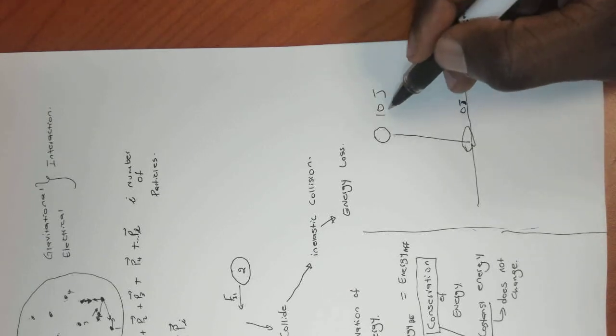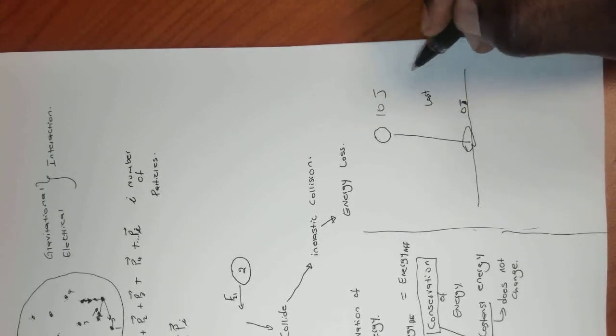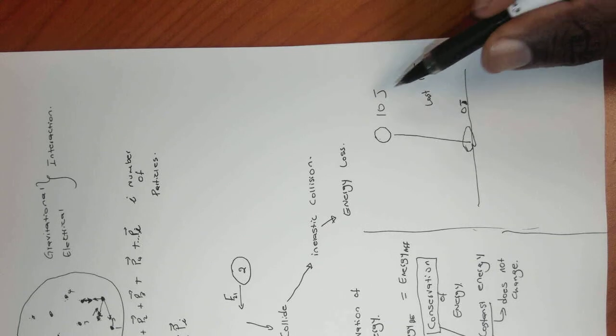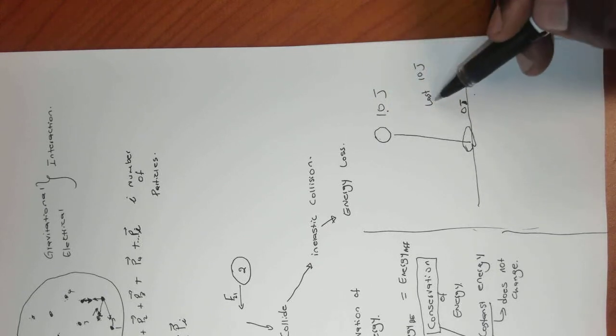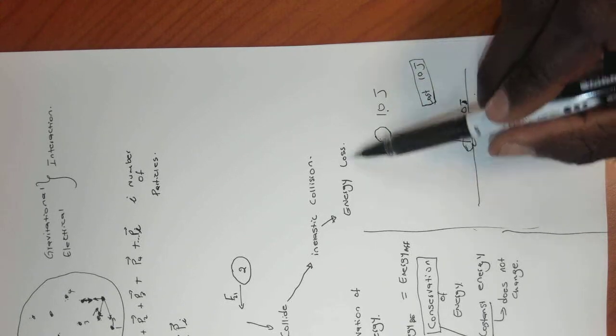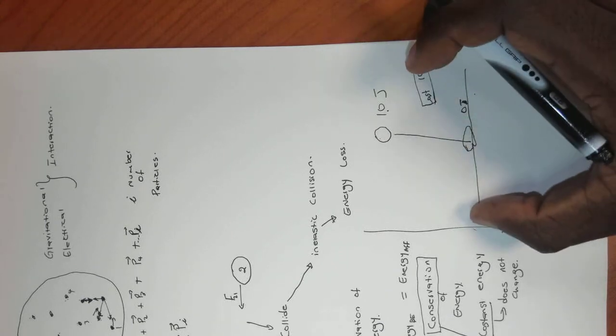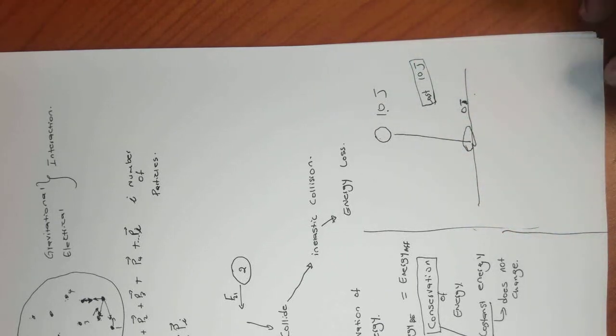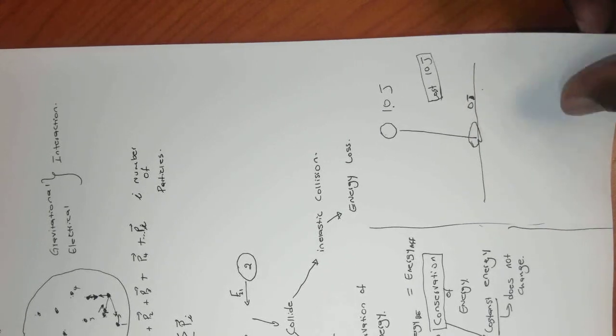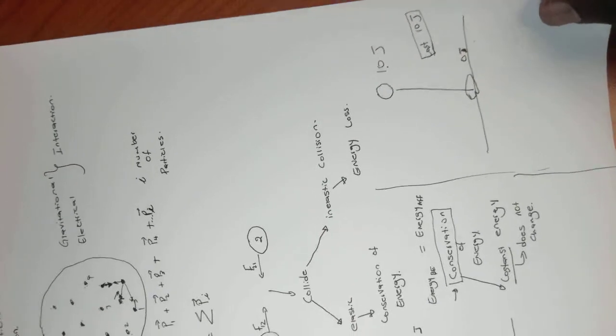So you can see it lost about 10 joules in total, from 10 to 0. So there is an energy loss during the collision, after the collision. So we call that the inelastic collision. So you can calculate the momentum before and the momentum after collision.